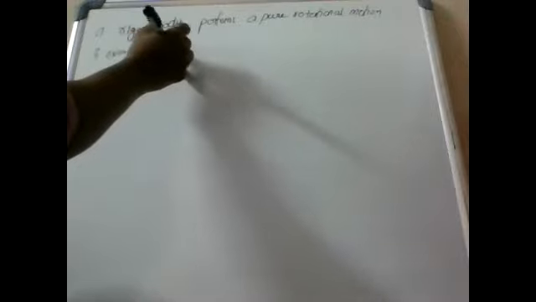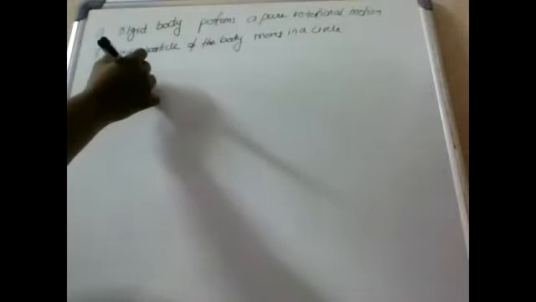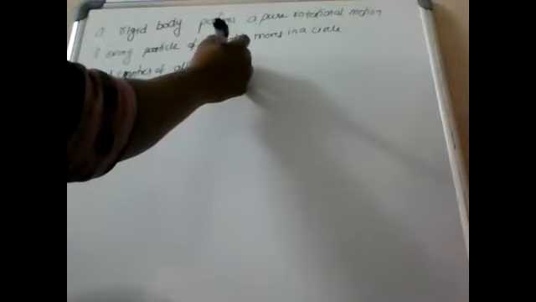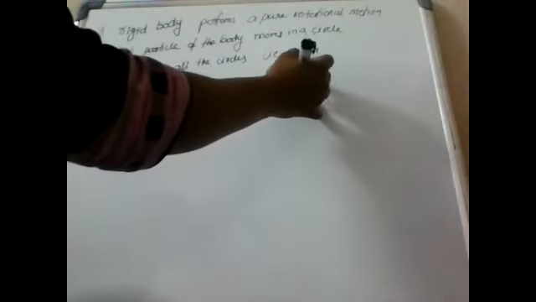If every particle of the body moves in a circle, and the centers of all the circles lie on a straight line called the axis of rotation.